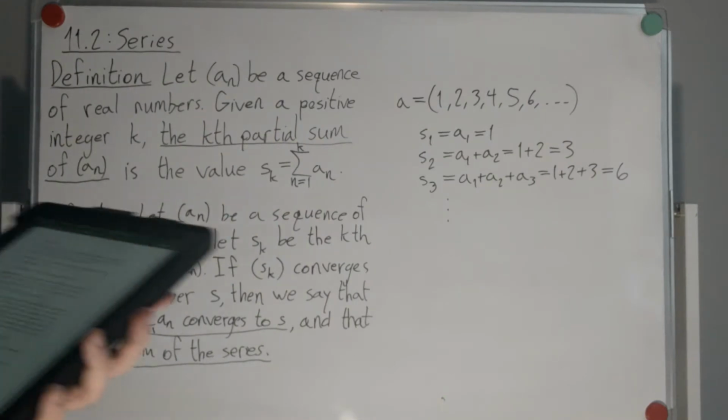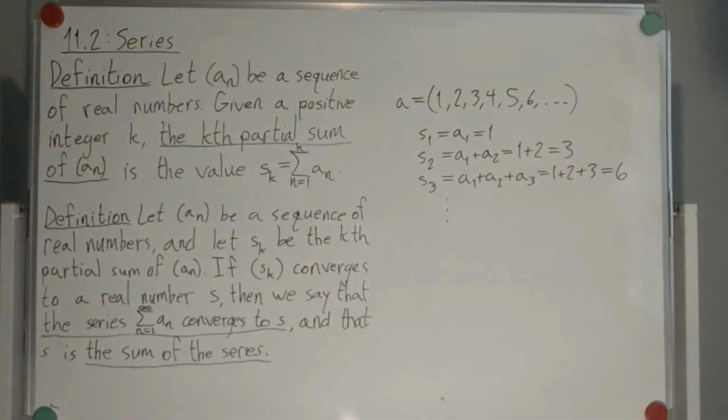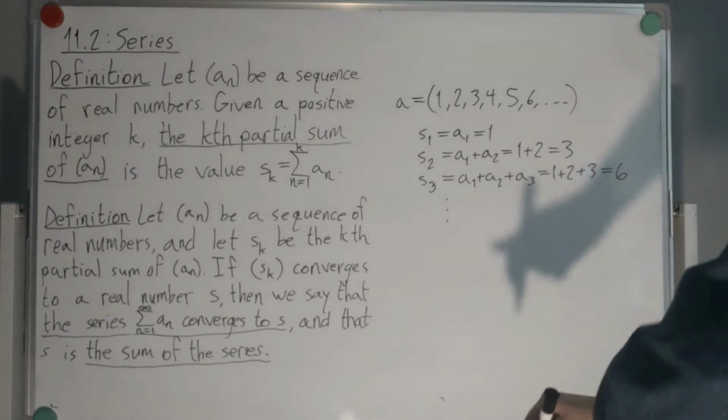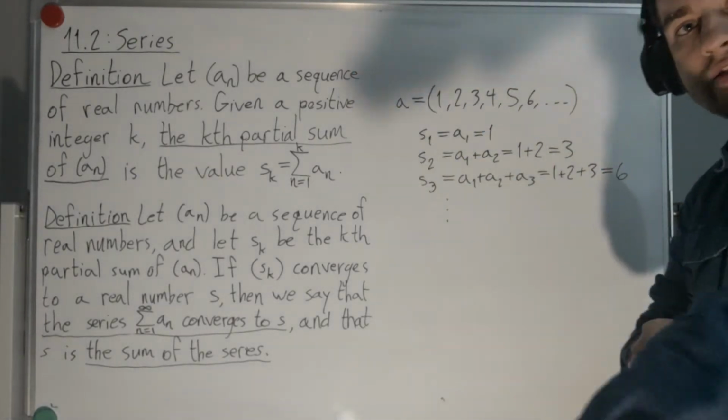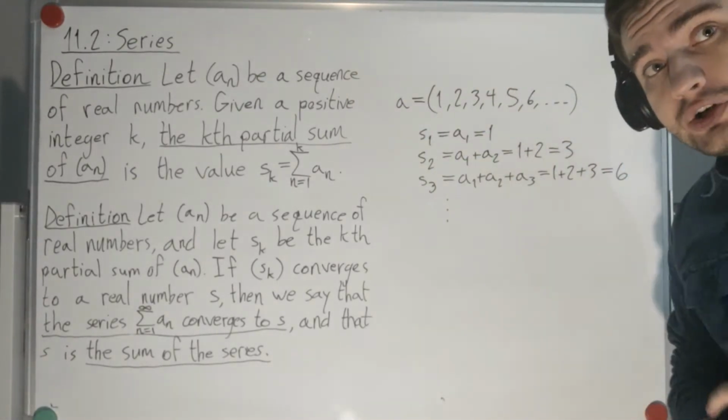Okay. On the other hand, if no such real number exists, then we just say that this infinite series is divergent.